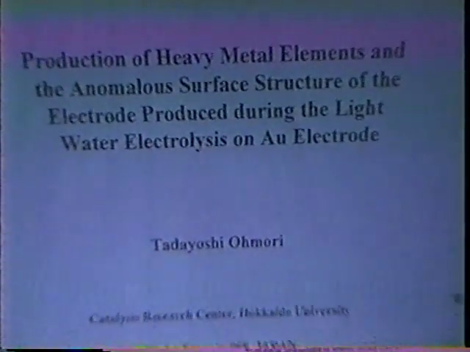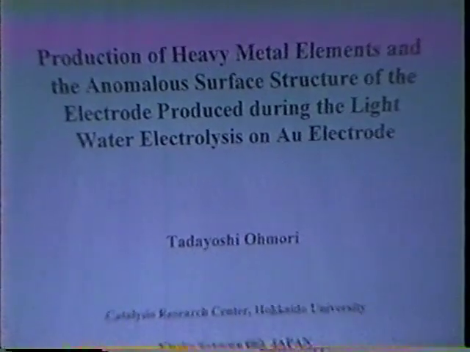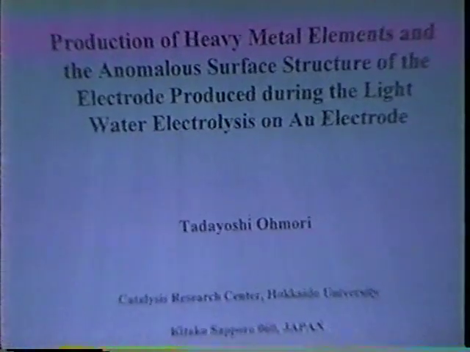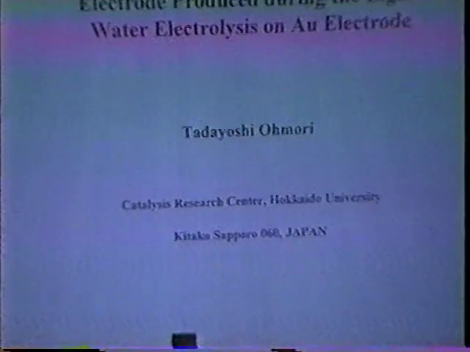In the present session, I would like to talk about the work entitled Production of Heavy Metal Elements and the Anomalous Surface Structure of the Electrode Produced during Light Water Electrolysis on Gold Electrode.